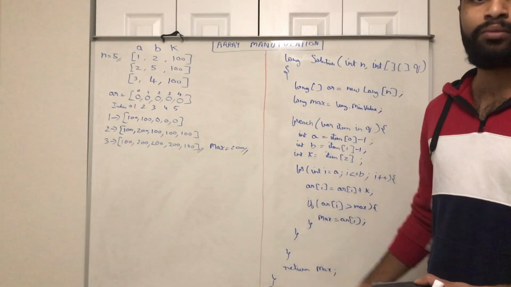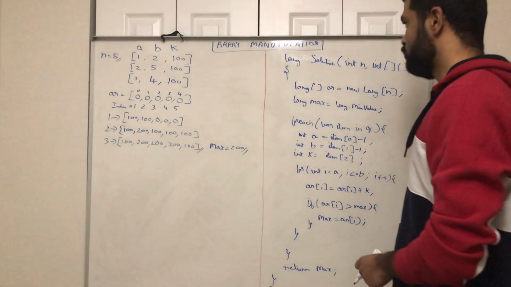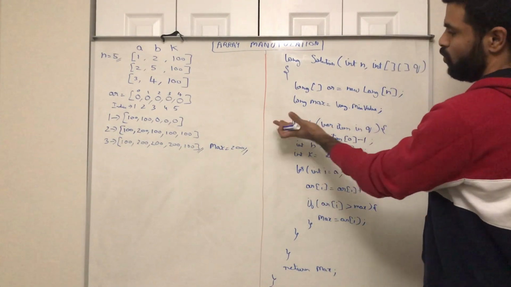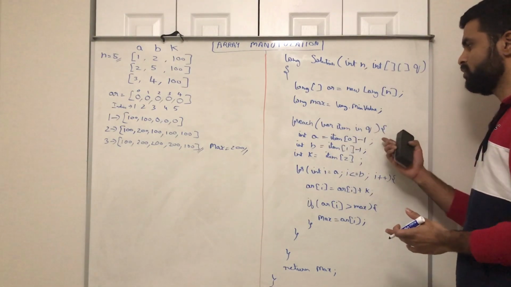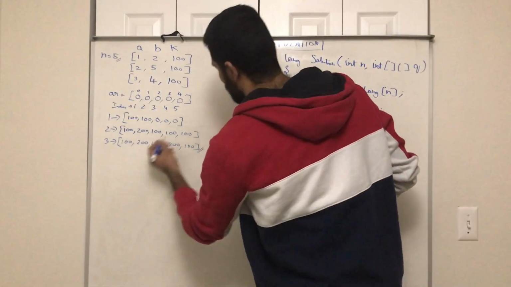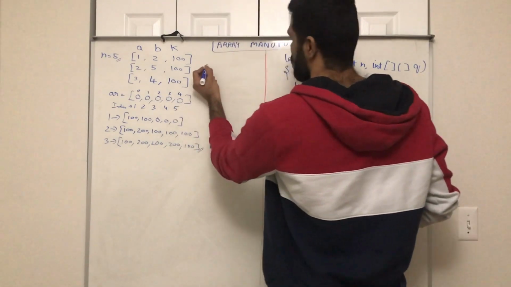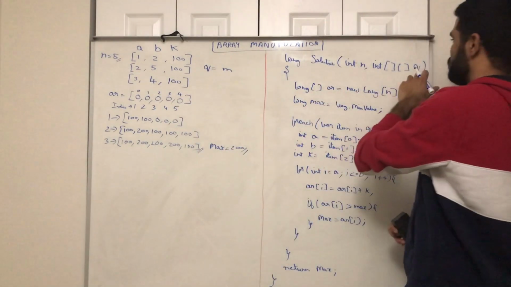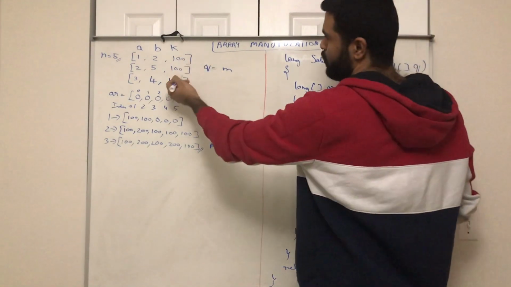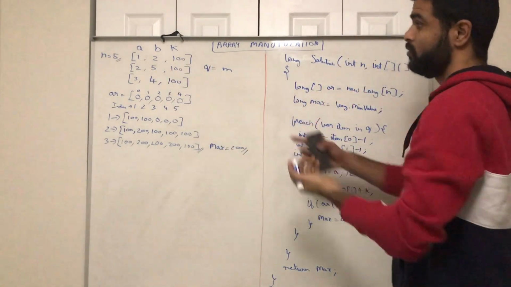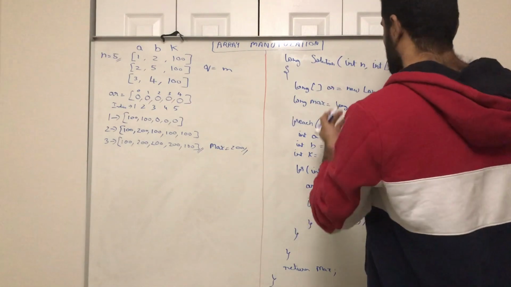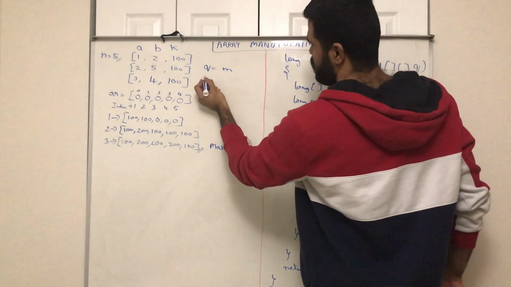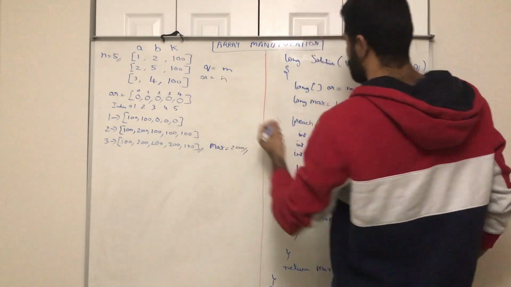So coming to the time complexity of this solution. Here if you can see, in the outer for loop I'm iterating the queries. So let's say the length of queries is m. Here we are having 3 queries, the length is 3, which I'm naming as m. And let's say the array length is n.